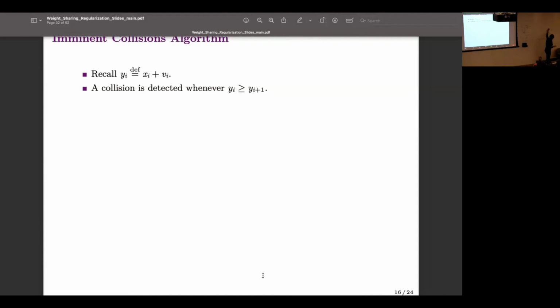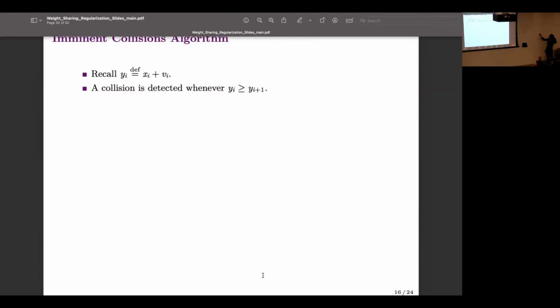So we're going to start with the first, kind of trivial algorithm that comes to mind. We have this W, which is sorted: W1, W2 to Wn. We have their positions in the next time step, and we want to see what their final positions are. Some of them collide with each other, so we just see which of them collide.